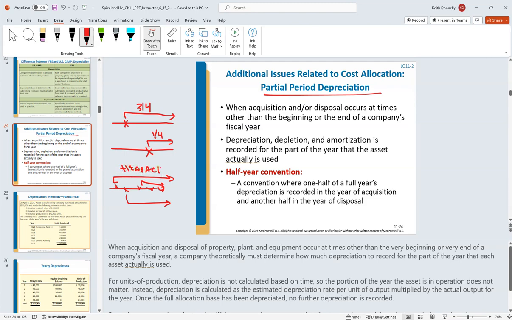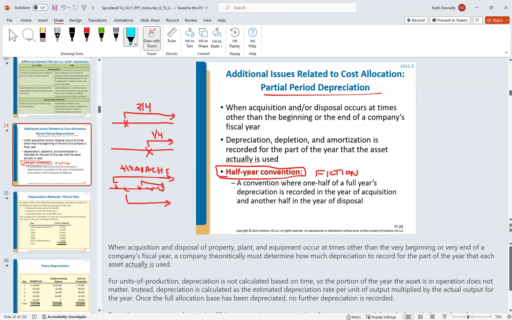It's a lot of work. So what they do is they make this fiction. They basically say, look, we're going to use a convention, and you can pick the convention you want.